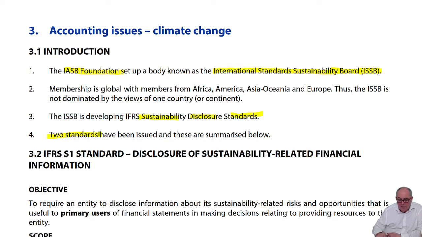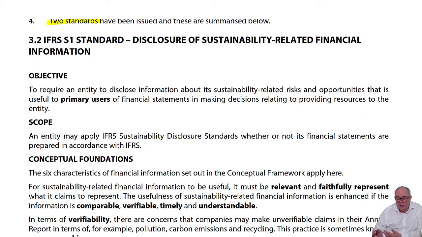So in S1, which is, as it says, disclosure of sustainability related financial information, what's the purpose? Like the purpose generally of financial statements, it's to help the primary users of the accounts understand risks and opportunities which are linked to sustainability of the business.